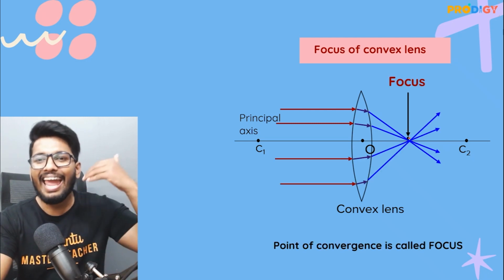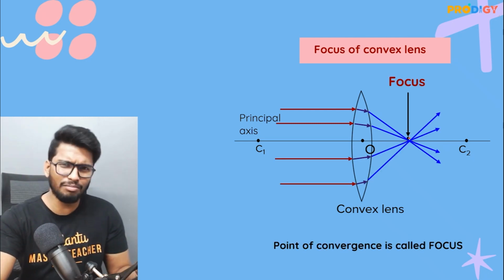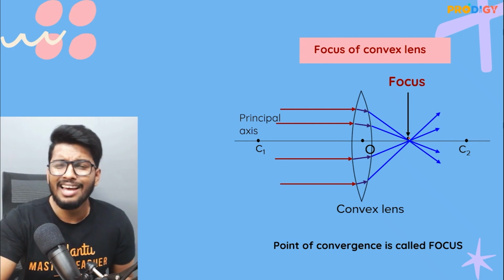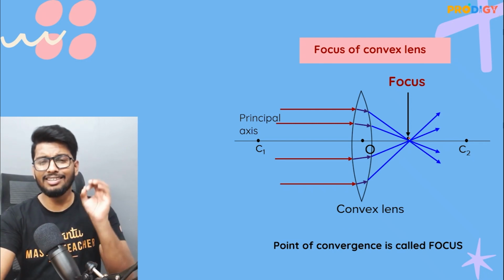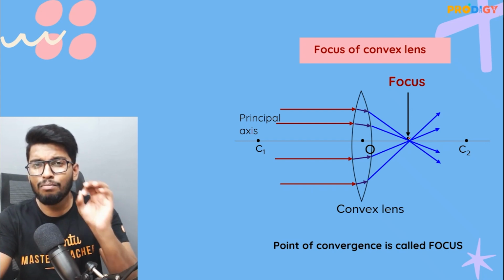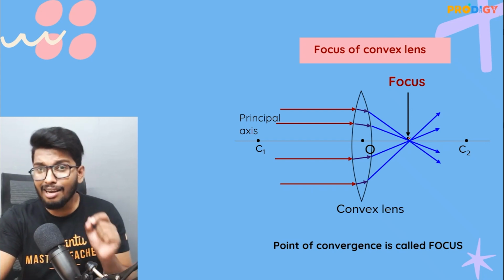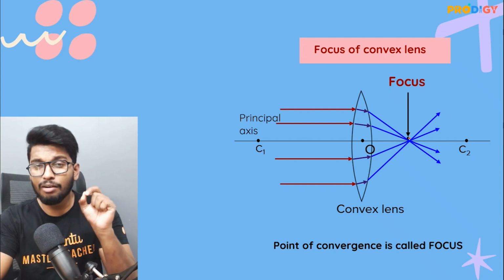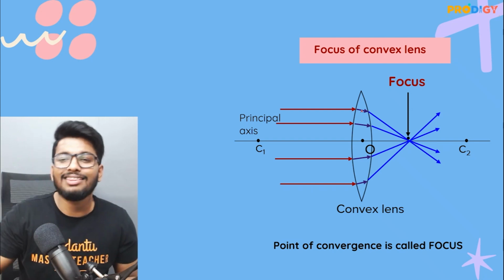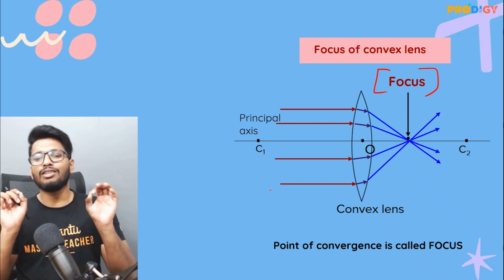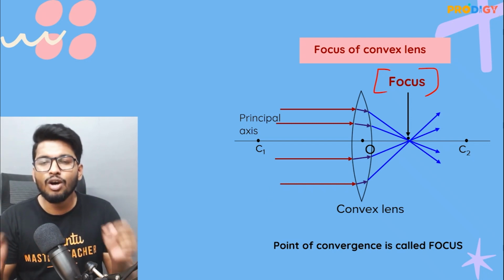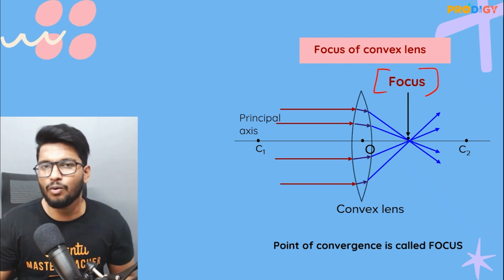If I take n number of rays of light, it really doesn't matter. As long as they're all parallel to the principal axis, after refraction, they are all going to meet at a single point on the principal axis. And that point where these rays of light are meeting after refraction is known as the focus. It's nothing but the point of convergence on the principal axis that is known as the focus.